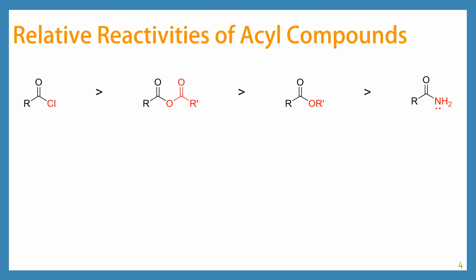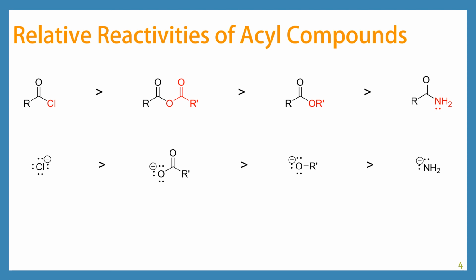So the acyl chloride is more reactive than the acid anhydride, which is more reactive than the ester, which is more reactive than the amide. The question is why? And it turns out it's based on the identity of the leaving group.